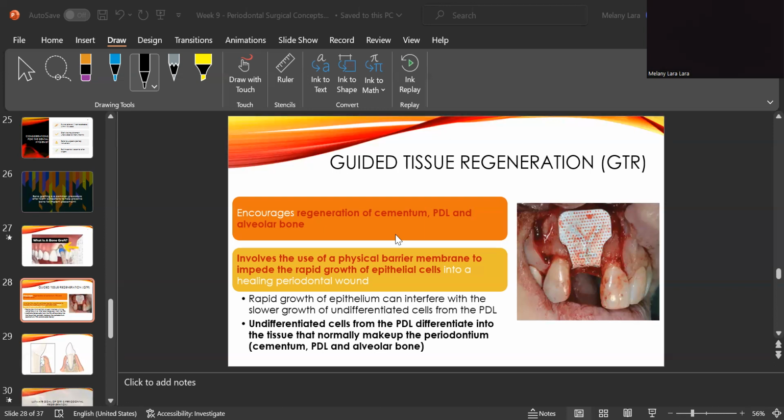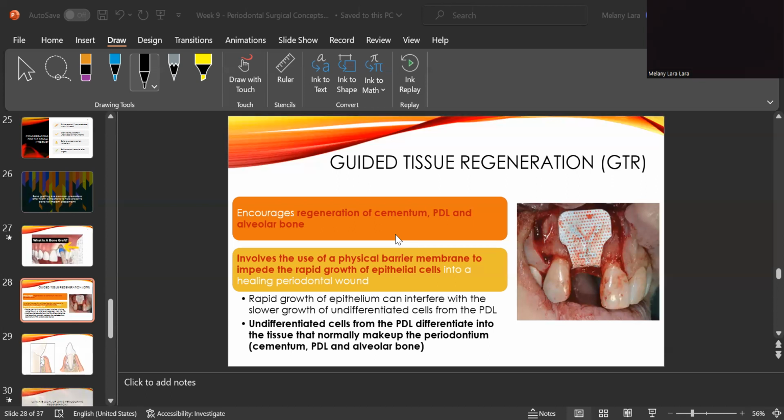If it's a race between epithelium, alveolar bone, and connective tissue, epithelium is going to win every single time. So when the membrane is placed in, the epithelium is sutured over it. It physically stops the epithelium from going into that area and gives the alveolar bone, PDL, and cementum a chance to really regenerate. If that barrier is not there, the epithelium is going to move into the area we're trying to get the bone to grow into. Okay. Does that make sense? Very important role for this guy here.